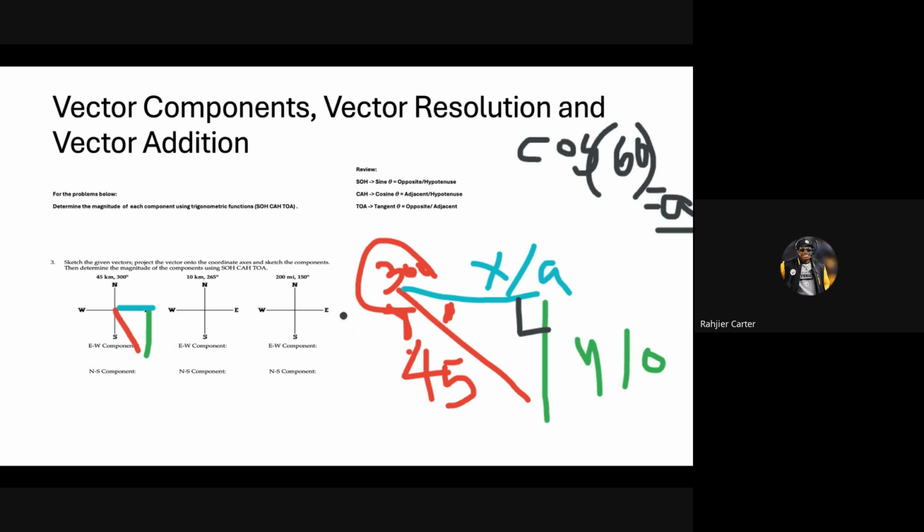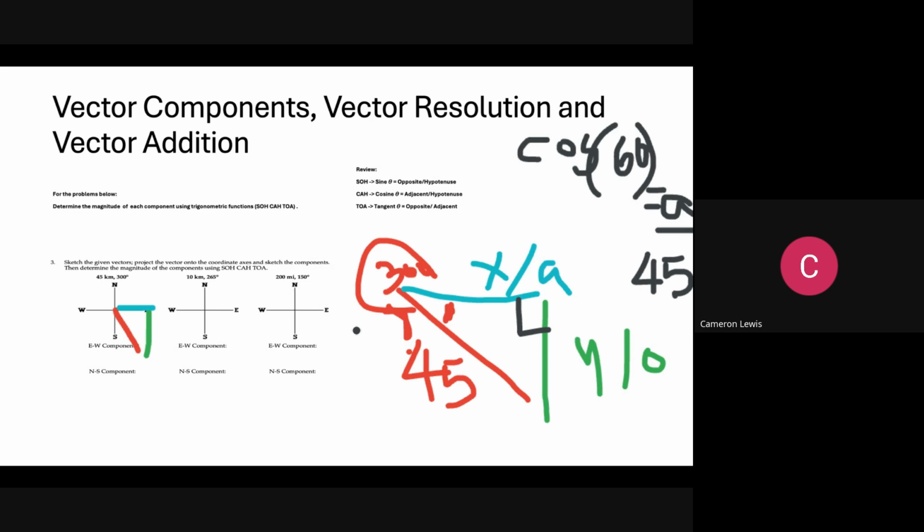Yep, it's 45. That's the hypotenuse, not the angle. Remember, we just said the angle is 60. Hold on, I'm about to show you. You're not wrong, I know what you're about to say.